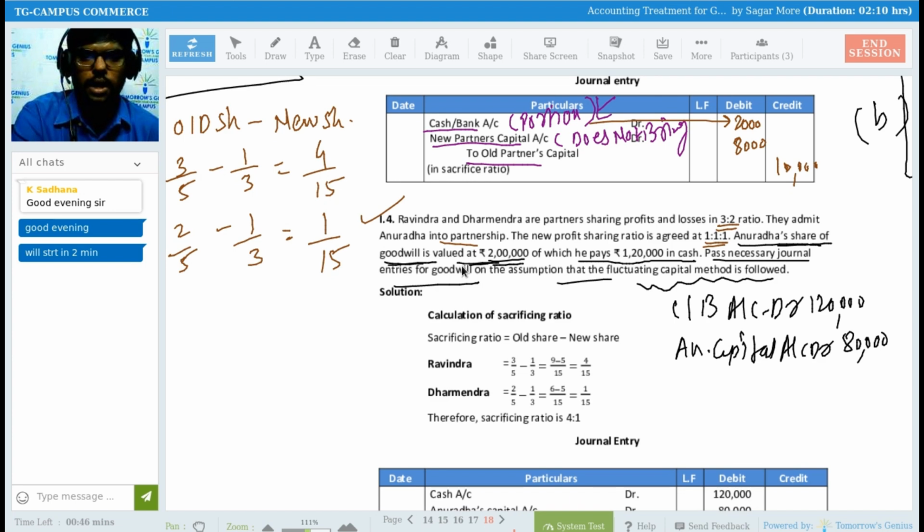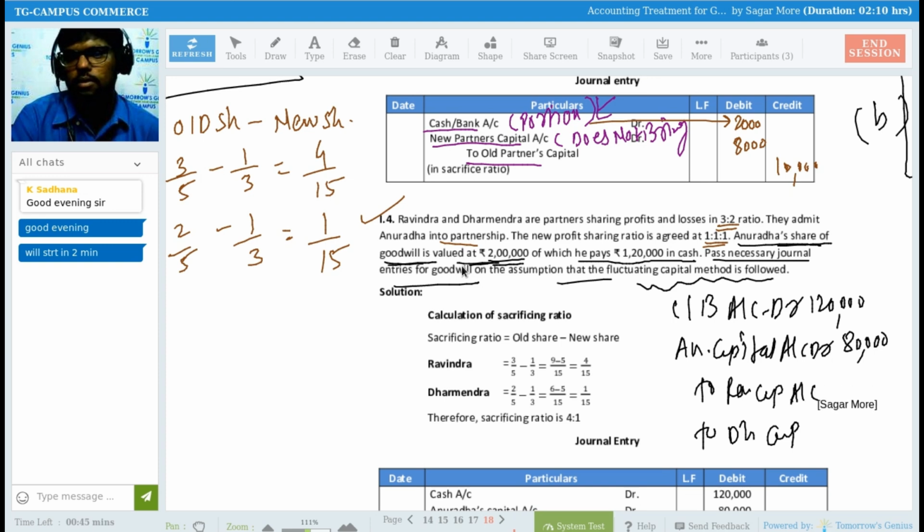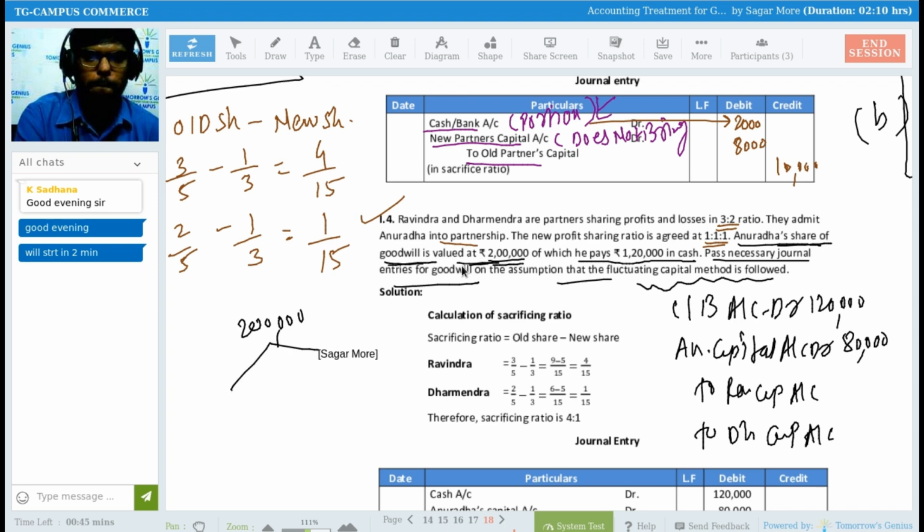between the sacrificing old partners, that is Ravindra and Dharmendra. To Ravindra's capital account and to Dharmendra's capital account, 2 lakh rupees in the ratio of 4:1.